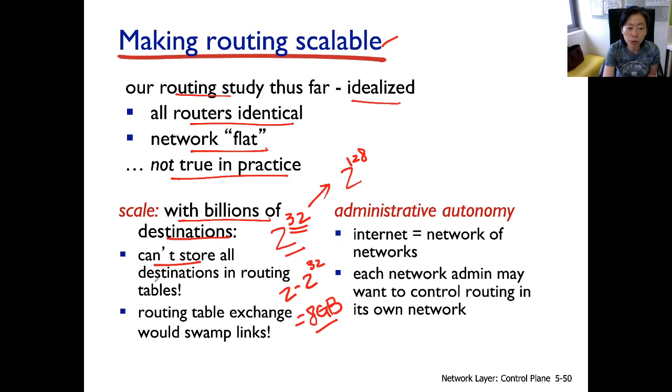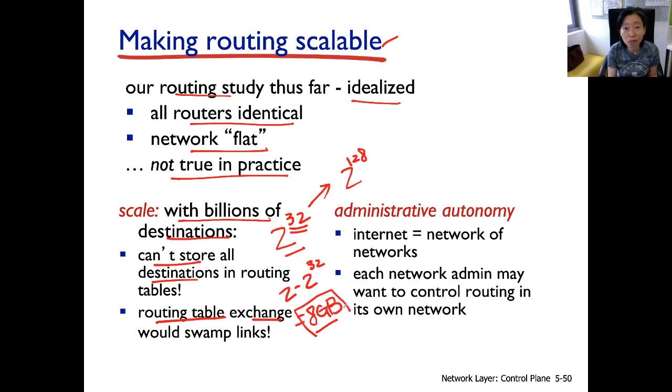We cannot be storing all destinations. And you know what? Each of these distance vector routers also sends distance vectors to the neighboring nodes, and neighboring nodes send to neighboring nodes. This distance vector exchange is also going to swamp the links, right? Because each of them is this big.